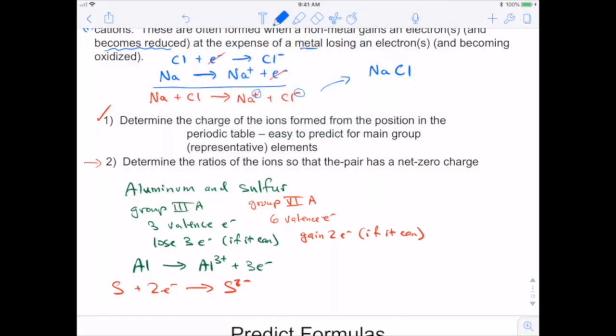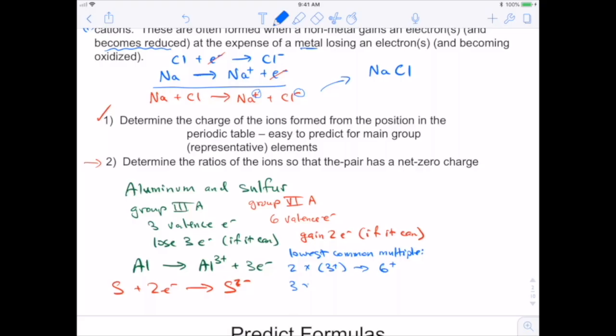The first way is just to take the lowest common multiple. In this case, 3 times 2 is 6. So we want them to all equal 6. If we have 2 times 3 plus, that's going to give us 6 plus charges.